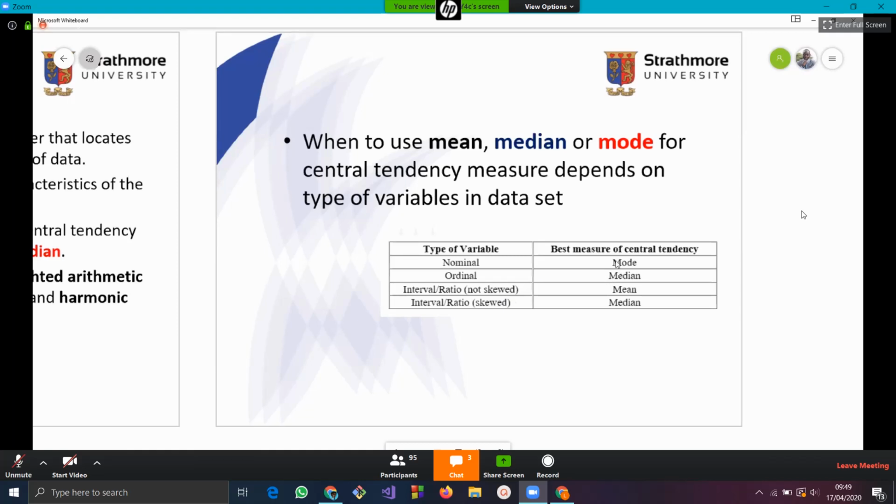So you cannot compute median on nominal data. If I have interval or ratio data, I can use either mean or median, depending on whether the data set is skewed or not skewed. We are discussing skewness in a moment. So the type of data that I have will dictate the type of central tendency that I can use. And that is going to be so important in machine learning. The type of data and the type of things we can measure in a data set.